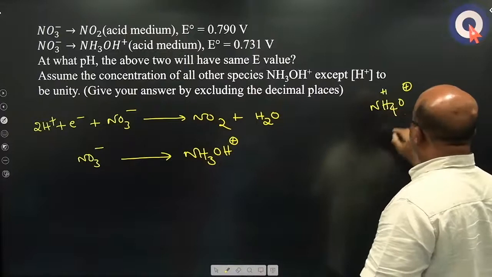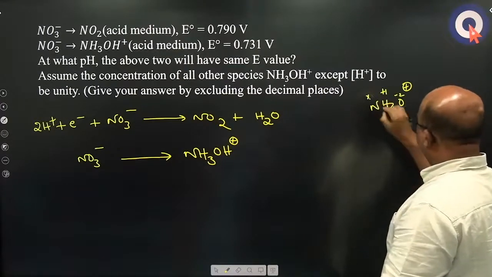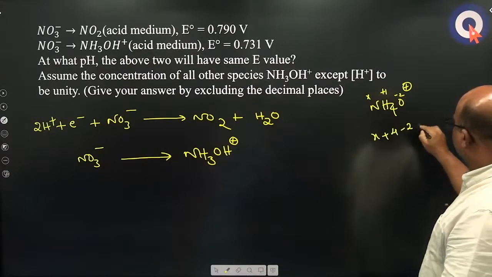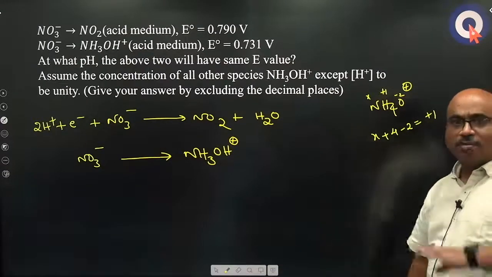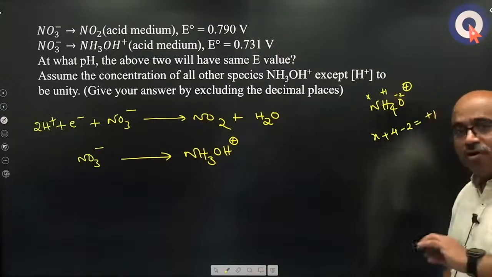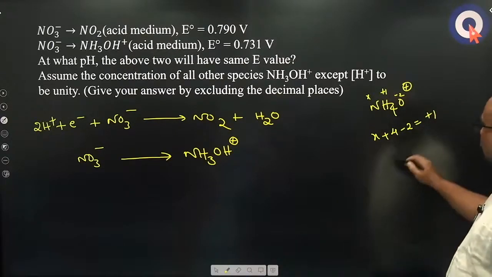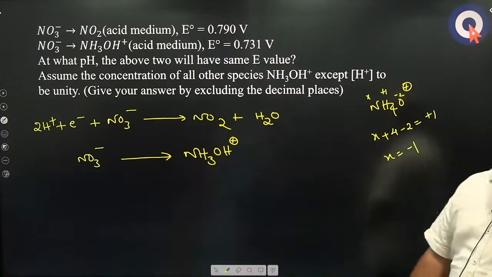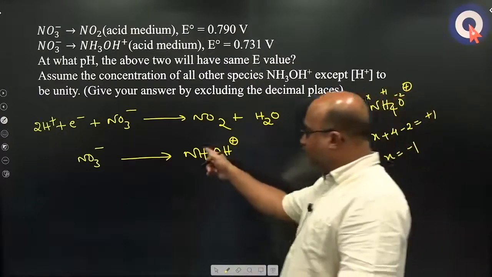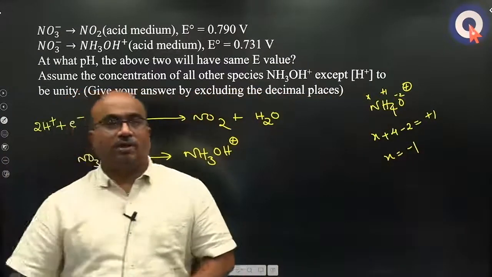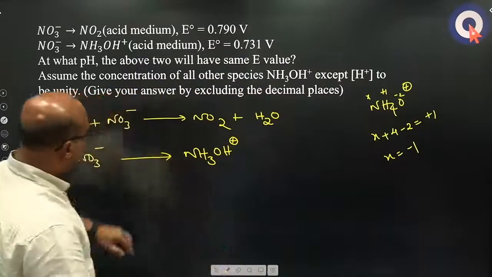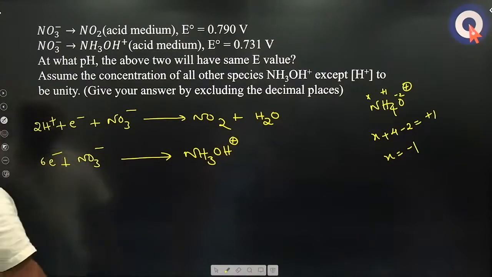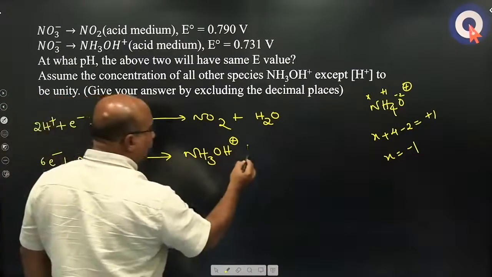Hydrogen should be +1, oxygen generally -2. So X plus 4 minus 2 is equal to +1, since the sum of oxidation states should equal the total charge. So X is -1. Here it is -1, and there it is +5. So +5 to -1 indicates a total of 6 electrons. But here there are 3 oxygens, so we write H2O.